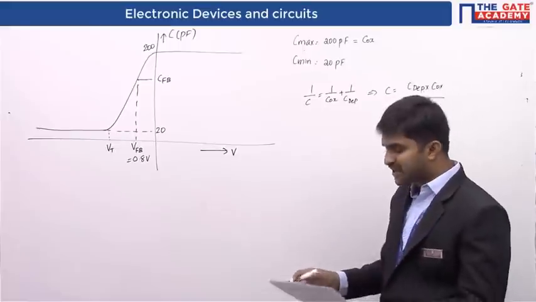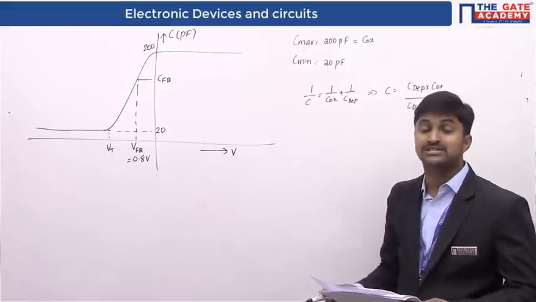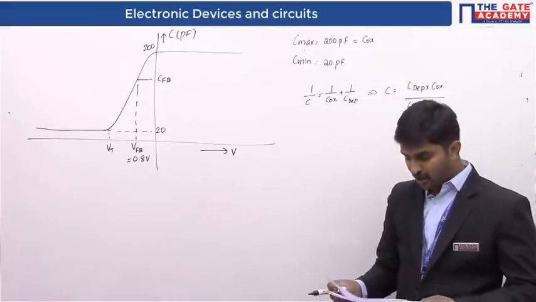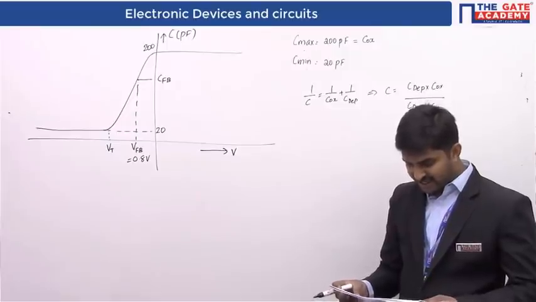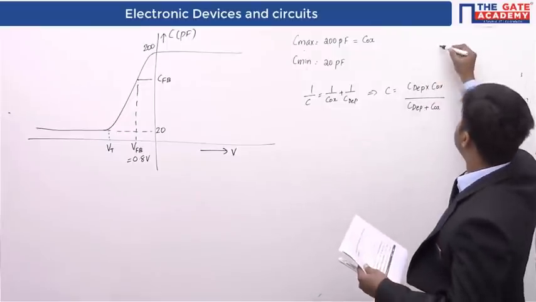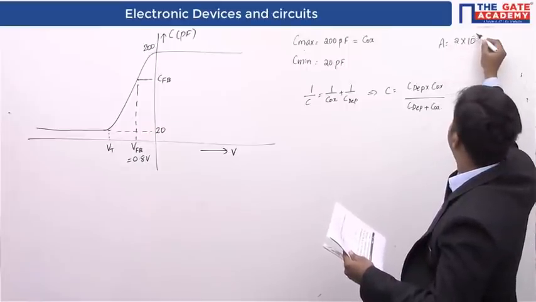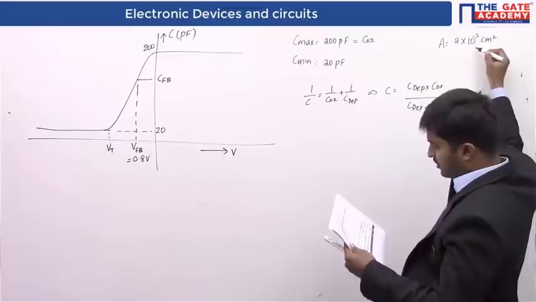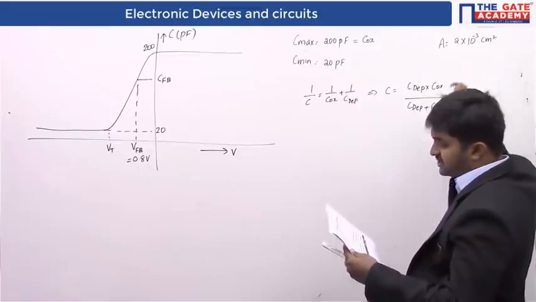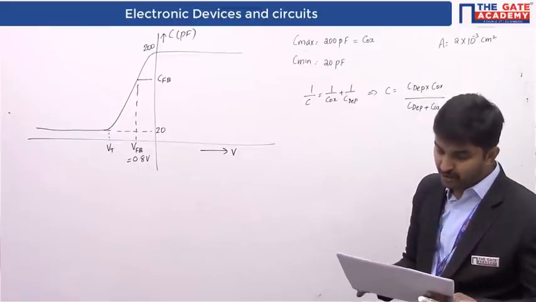The questions asked here: the first part is to find the oxide thickness. The other data given in the question is the area of cross section of the capacitor, 2 into 10 power minus 3 centimeter square. The metal oxide semiconductor work function has been given, but we are not going to use it.